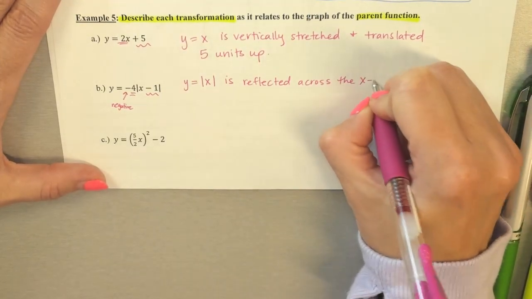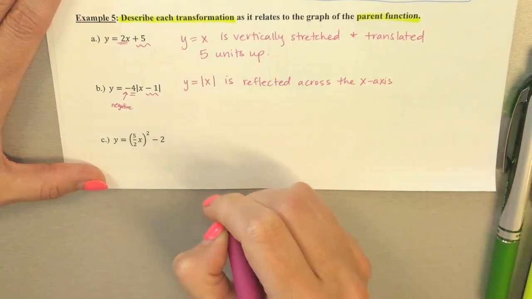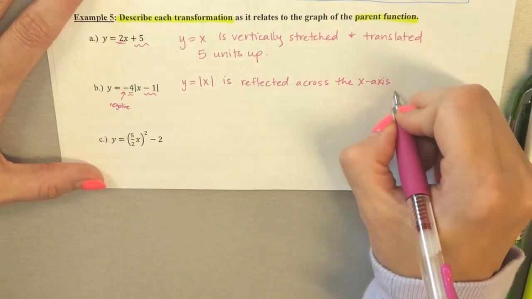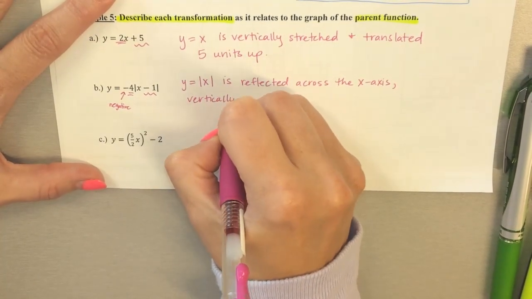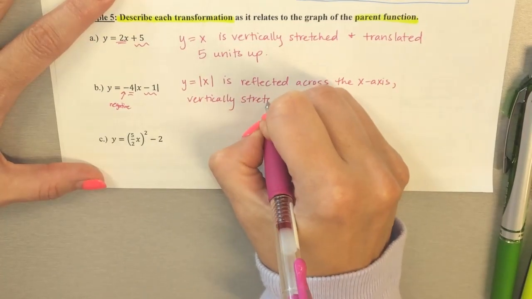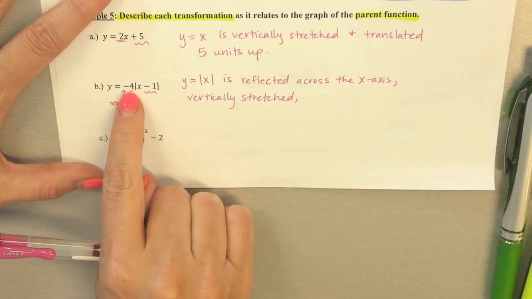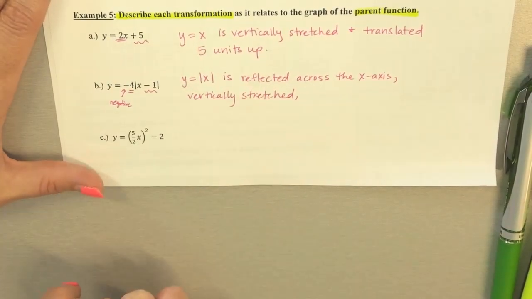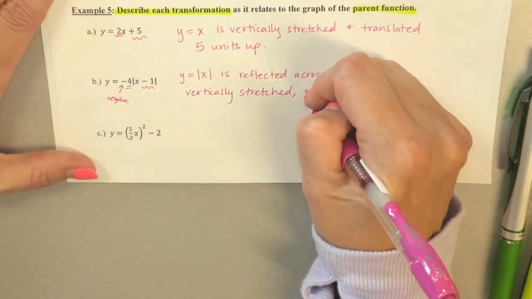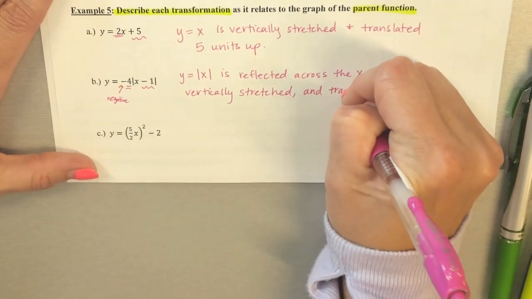The x-axis, good. Okay, it is vertically stretched. And again, it's a vertical because this is on the outside. It's stretched because it's greater than 1. And it's translated 1 unit where?